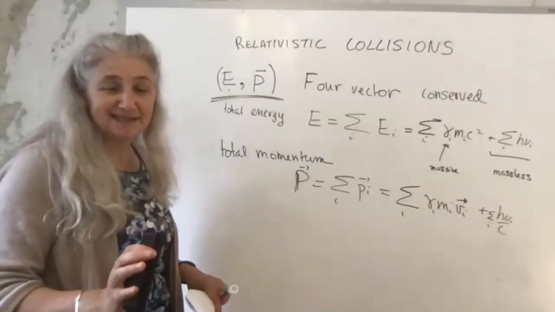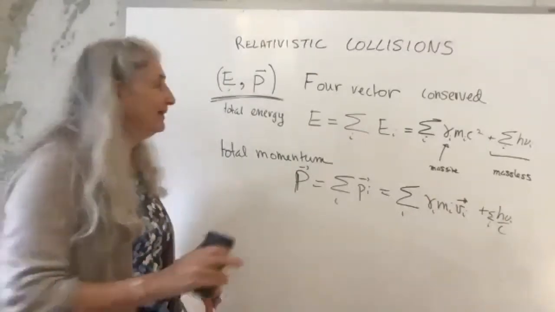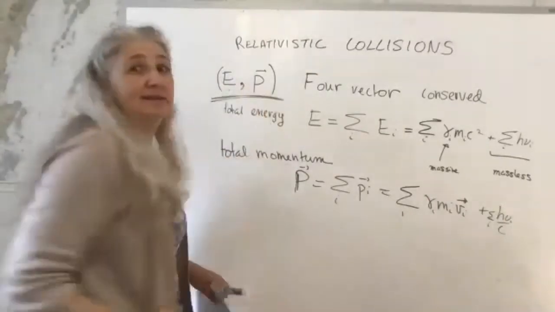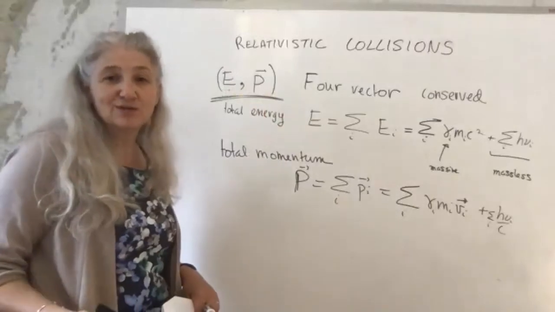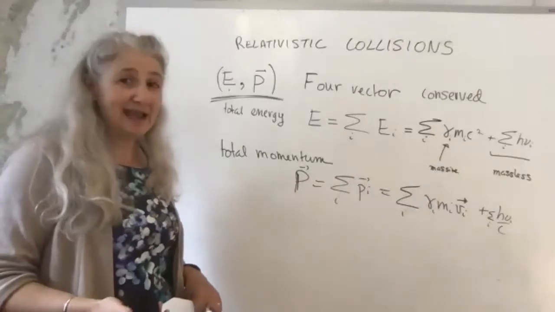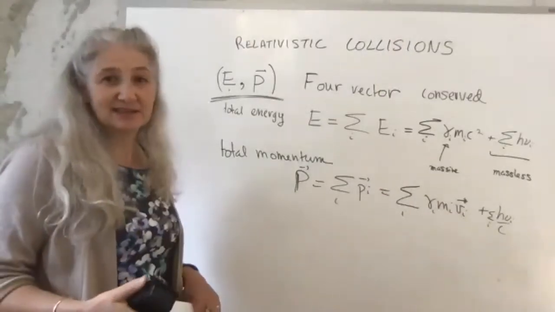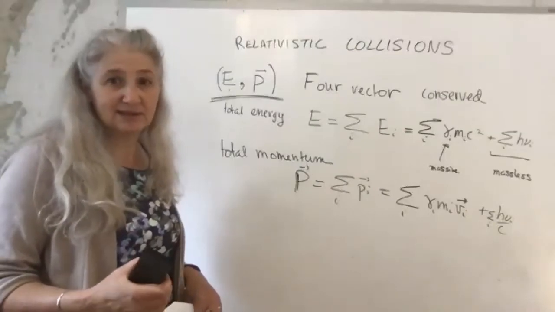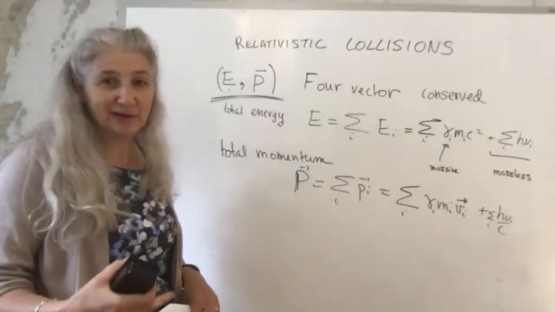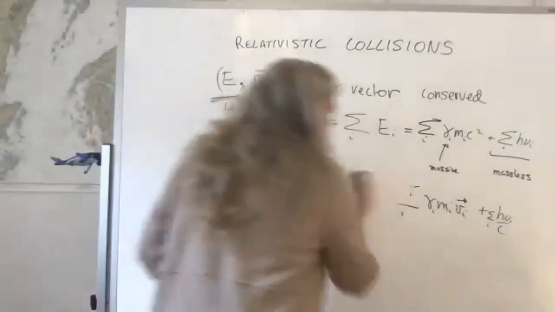Does that make sense? You can transform into some frame that gives you a 0 total momentum, and that serves the purpose of the center of mass frame. It can be quite convenient in these types of collisions, when you're calculating outcomes, to work in that frame. This is the zero-momentum frame, equivalent to the center of mass frame.